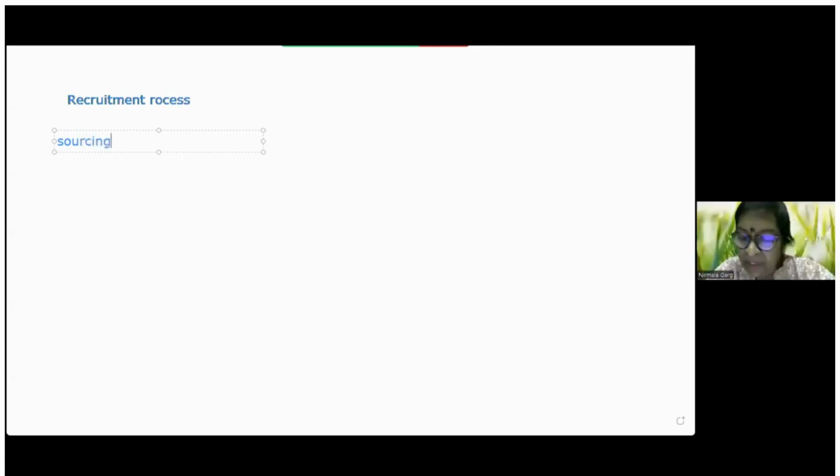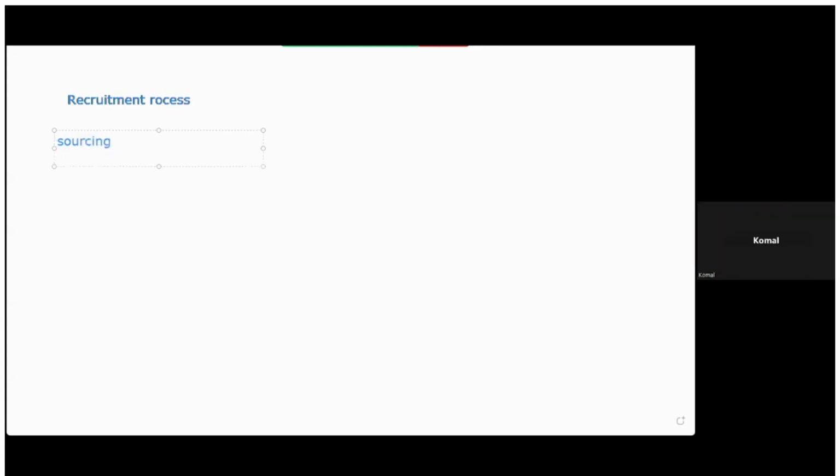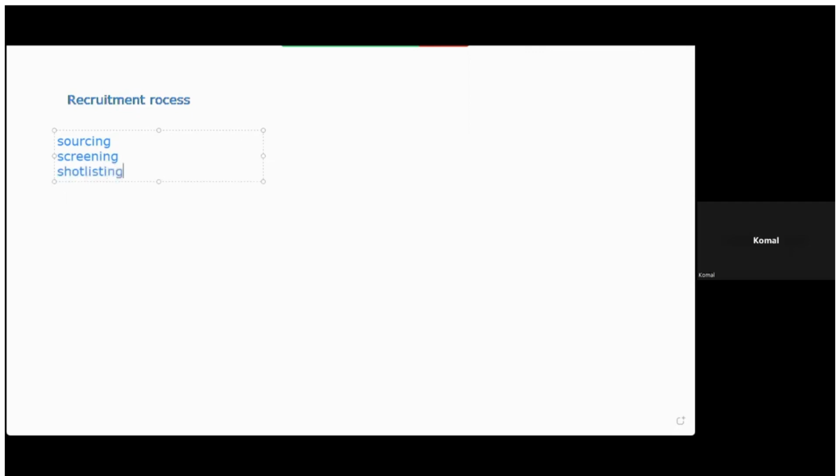Applications. Screening. The first thing should be requirement gathering. Shortlisting. Documentation.